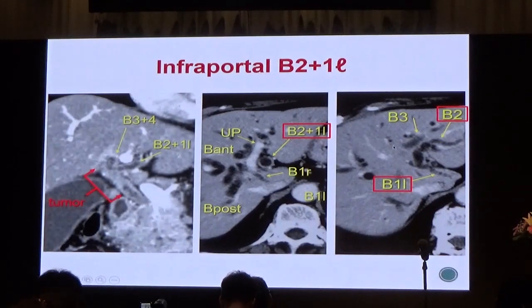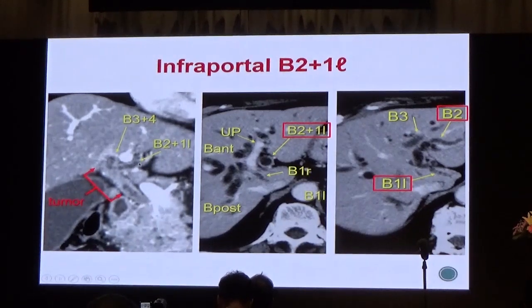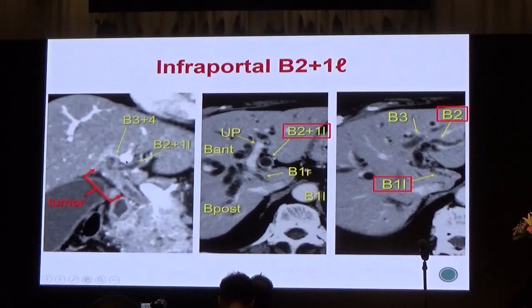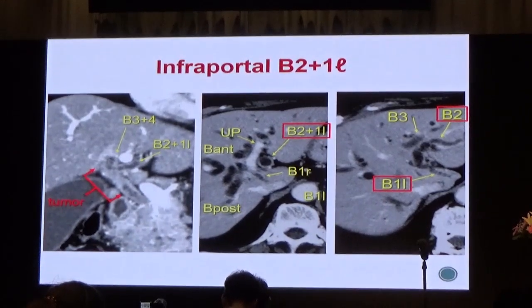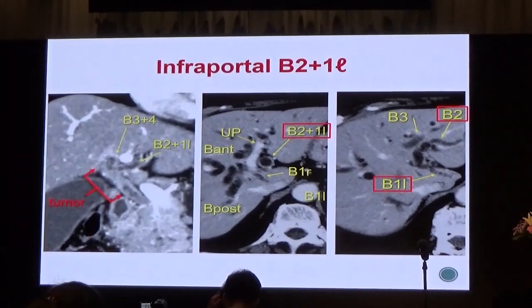It can be demonstrated here in the coronal view. B2 plus B1L runs here below the umbilical portion of the left portal vein. This anatomy is quite rare. Usually B1 should be above the confluence, above the umbilical portion. Therefore, this is very, very rare.